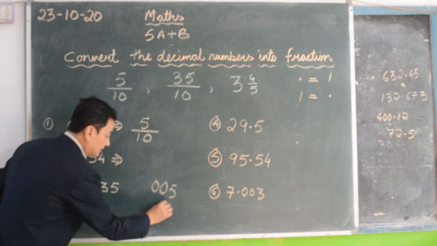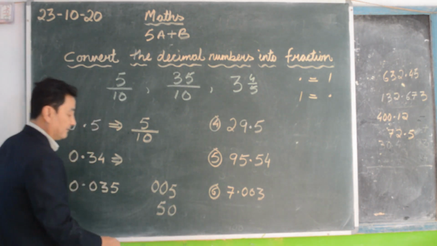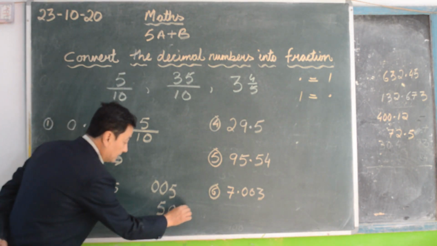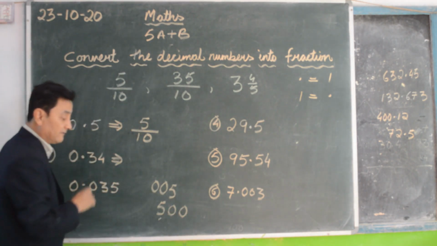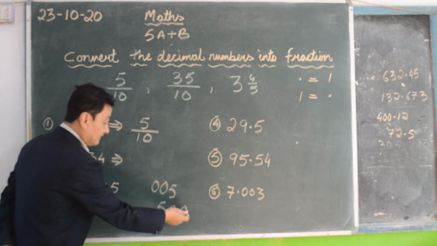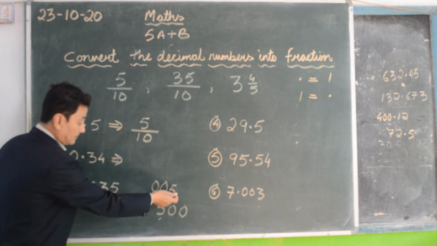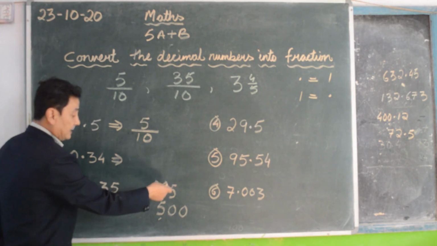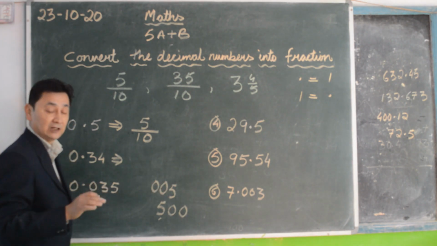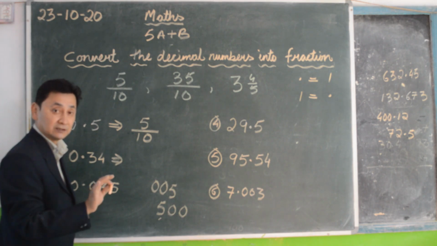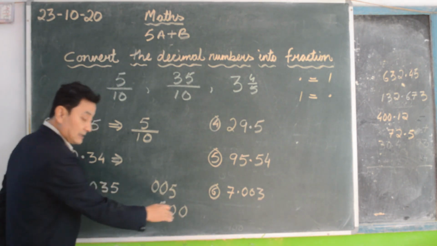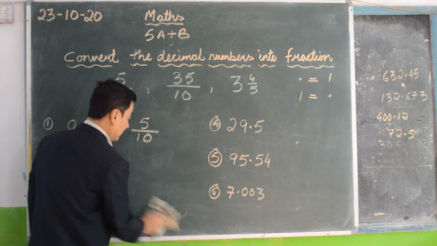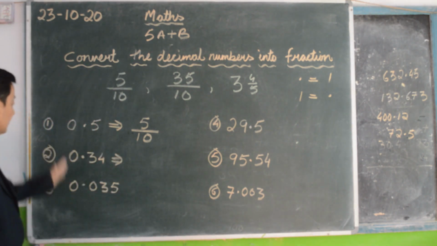But if I put the 0 after 5, is it 5 or 15? 15. If I put another 0 here, what is the value of 5 now? It becomes 500. Remember that before the decimals, whenever there's a 0 in front of any number, the value is the same, it doesn't change. But after the number, when we add zeros, the value changes. So that's why I have left out 0.